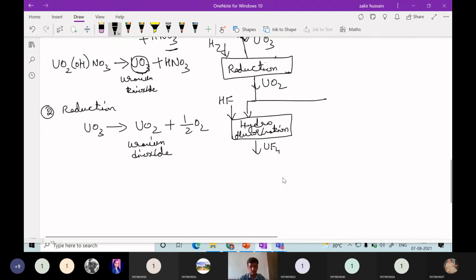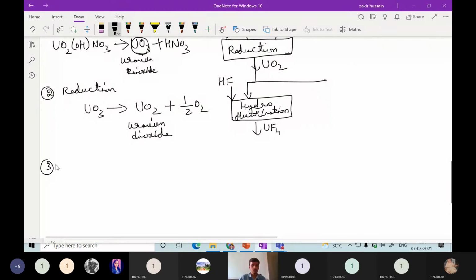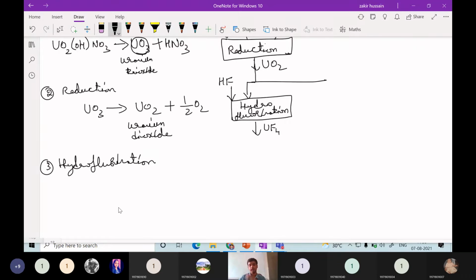So how will this reaction look? The third one is hydrofluorination. Hydrofluorination will take place like this: UO2 is the raw material for this hydrofluorination, plus we are adding hydrogen fluoride, HF, or hydrofluoric acid.